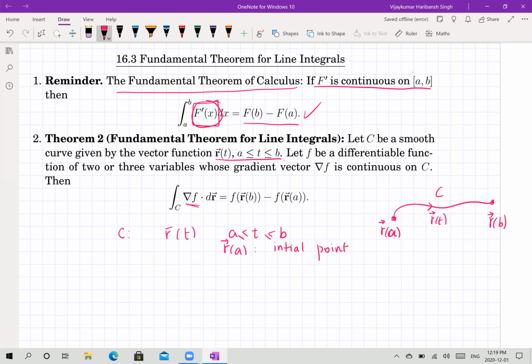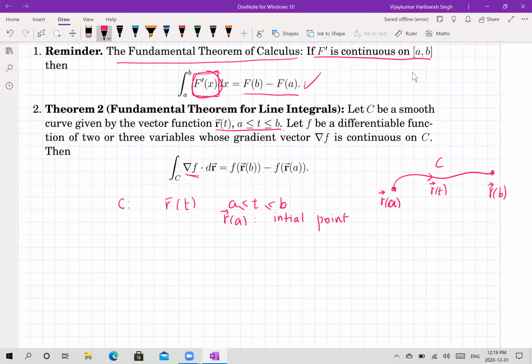Notice the following. We have the integral over C of grad f dot dr, which is going to be the integral where we put in the parameterization, from a to b, of grad f of r of t dot dr. Now what is dr? dr is r prime of t dt.